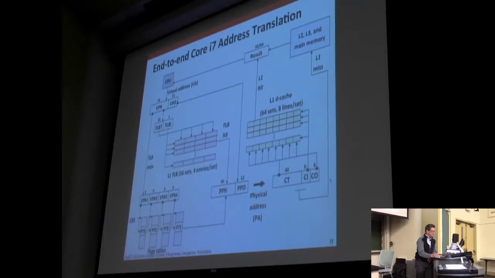Otherwise, there's a miss, so then the cache has to request the data from L2, L3, and main memory. Eventually, worst case, that data comes from main memory. Well, I guess worst case, it comes from disk, right? If you have a page miss, a page fault. So eventually, though, the data comes back and is returned to the CPU.